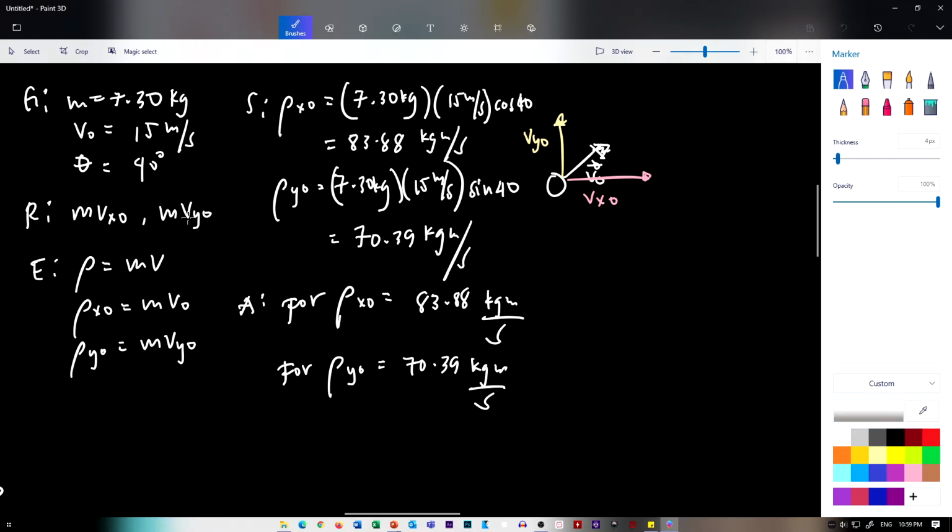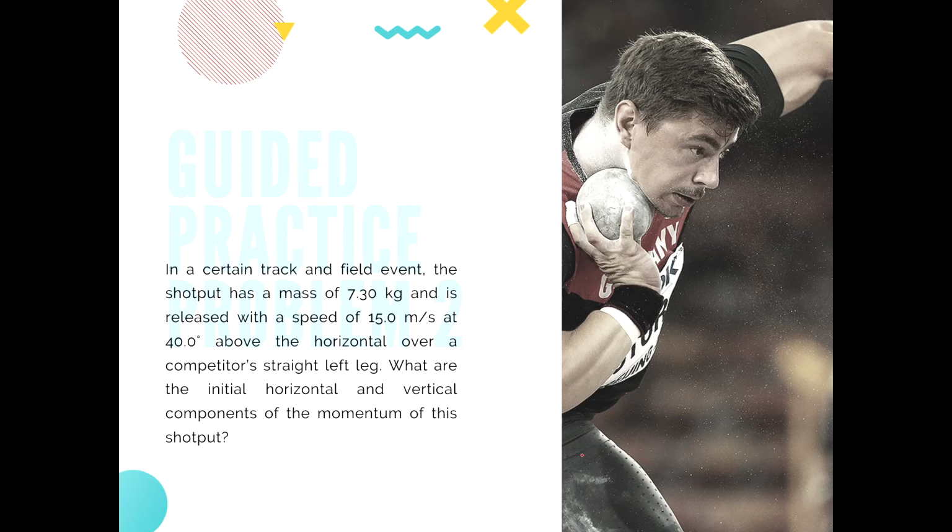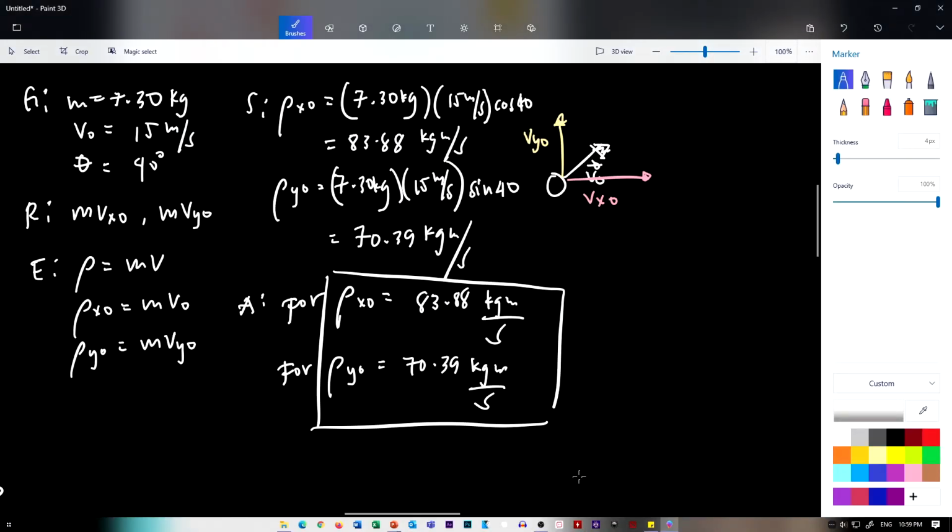Then you can just box it there. So did we miss anything? So that's it. Okay, so if you have more questions, you can just ask your subject teachers about it.